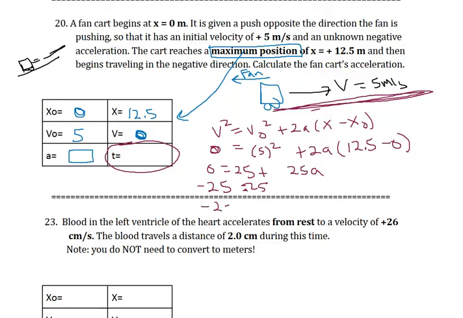So we get minus 25 equals 0 plus 25a. And then divide both sides by 25. And negative 25 over 25 means a is negative 1. Okay, nice clean number there. If you wanted to find the time that it took, you could, but they didn't ask for that.